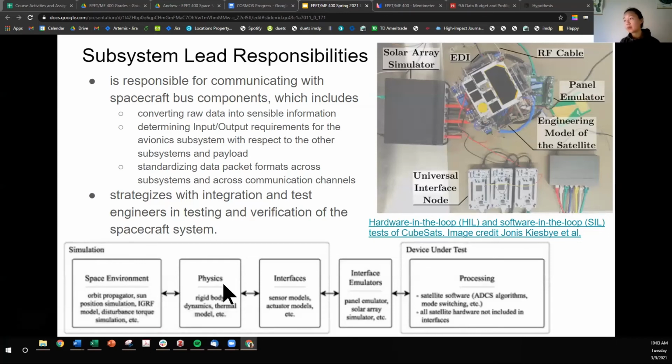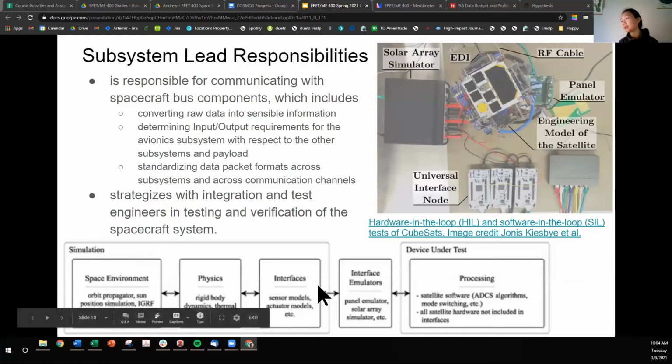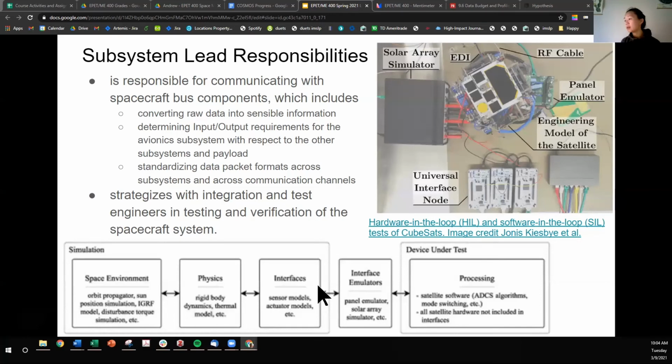For example, for our rigid body dynamics, you could have a simulator that is totally virtual, that is propagating what the IMU would be reading over time. And then you can also simulate sensor models and actuator models, like the amount of noise that sensors and actuators would measure.